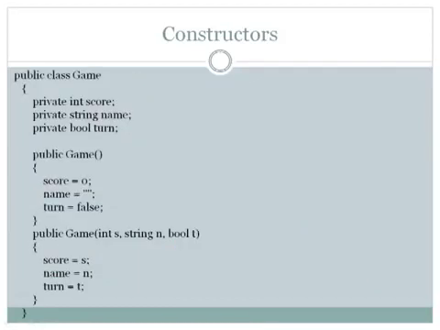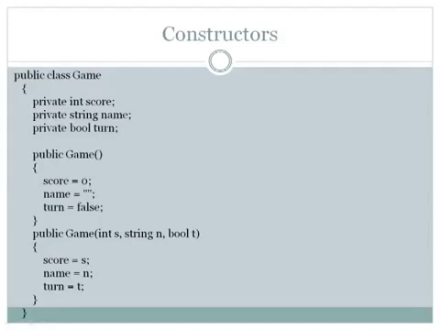So here's an example, public class game, and then I have private int score, private string name, and private bool turn. These are my class instance variables. I have a default constructor, public game, and I'm initializing score to 0, name to "" which is nothing, and turn to false.